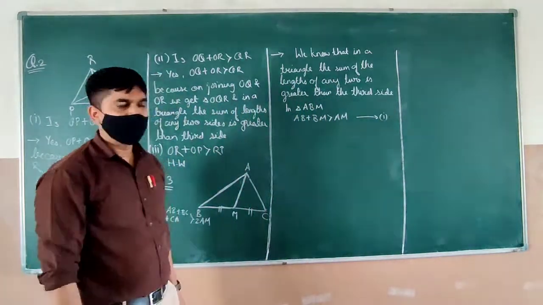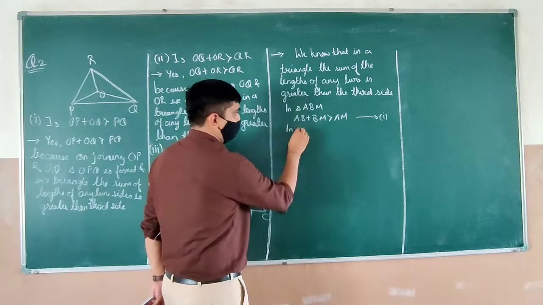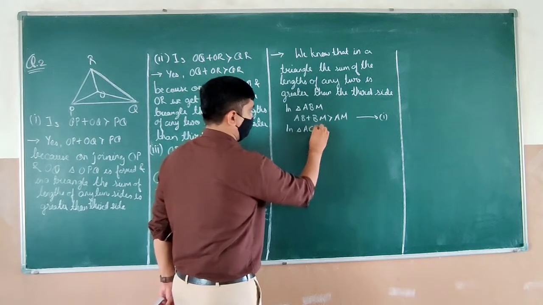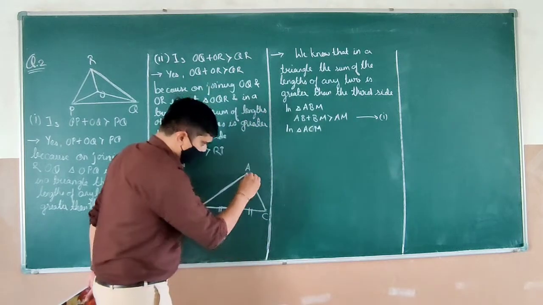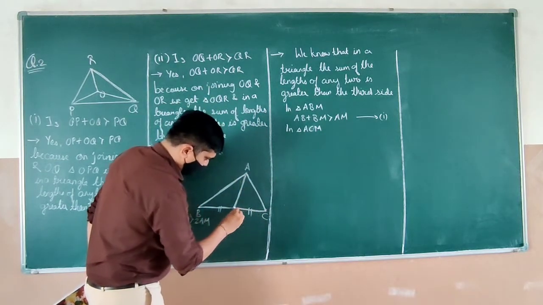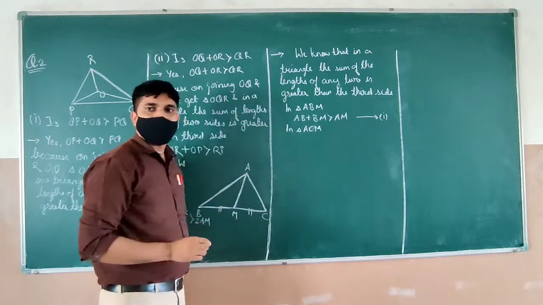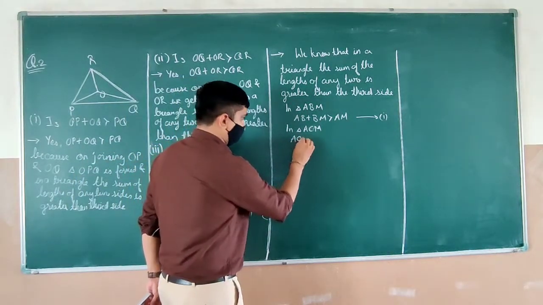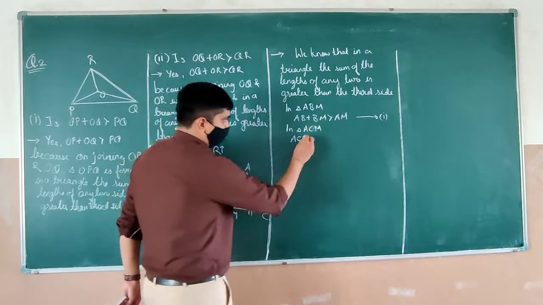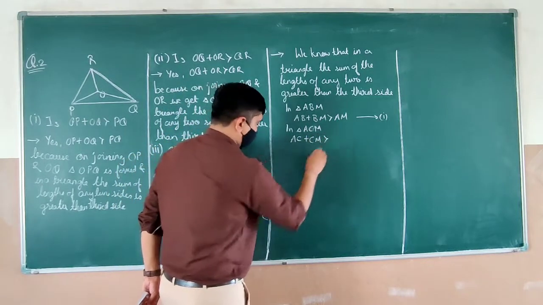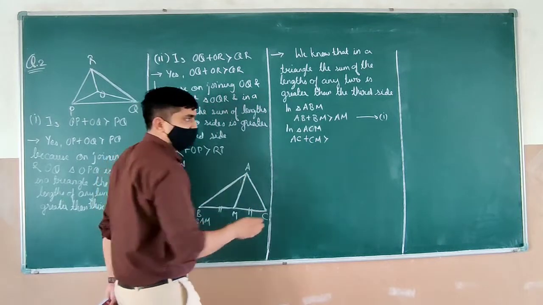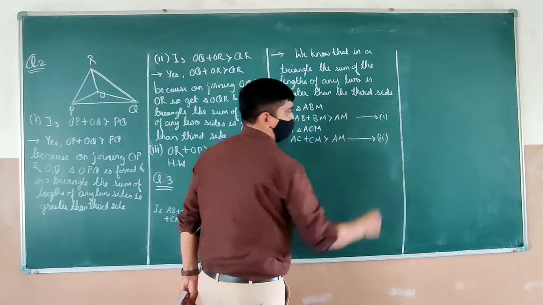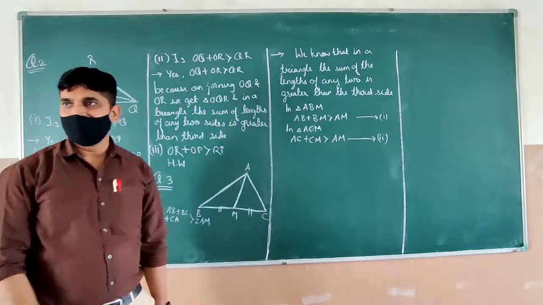Understood till here? Again, in the triangle ACM. Now I am taking this triangle ACM. So what will I write? AC plus CM is greater than AM. Give it number 2. Clear?